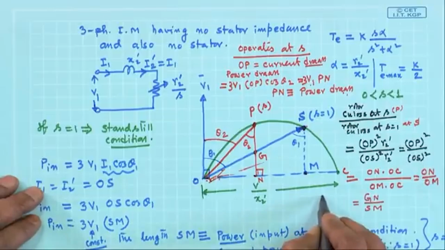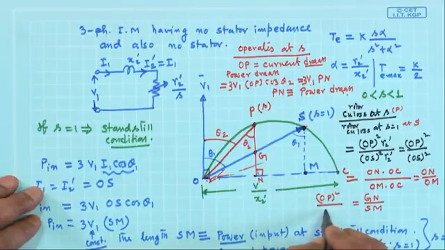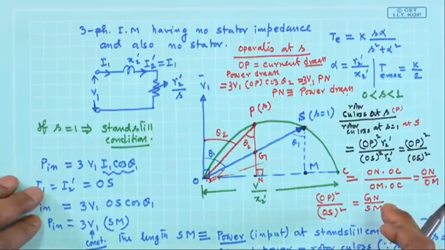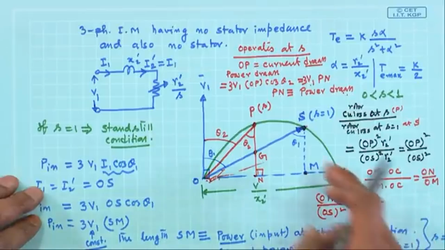Therefore, what we have got here is OP square by OA square is nothing but GN by SM.